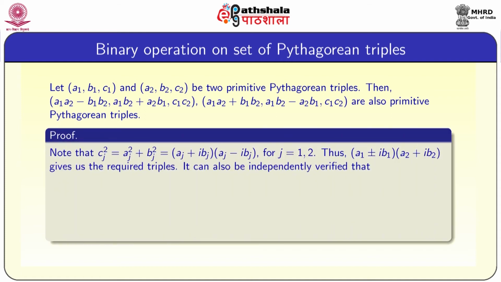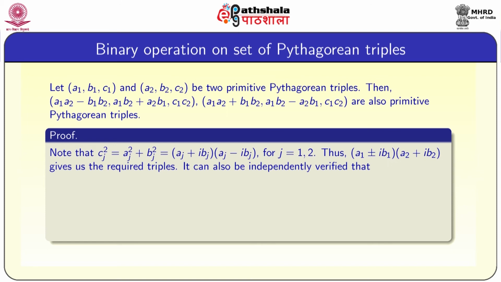So, the proof goes like this: Cj square is equal to Aj square plus Bj square, which is equal to Aj plus i Bj into Aj minus i Bj. In the Gaussian integers we saw these properties, that is just the norm of a plus ib, which is Cj square. Thus, A1 plus i B1 into A2 plus i B2 gives the required triples.